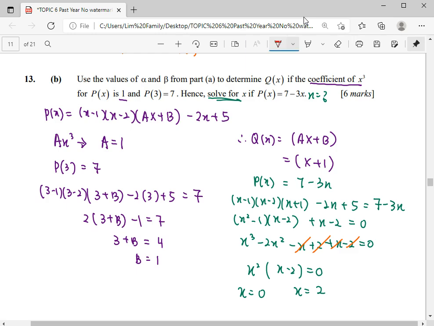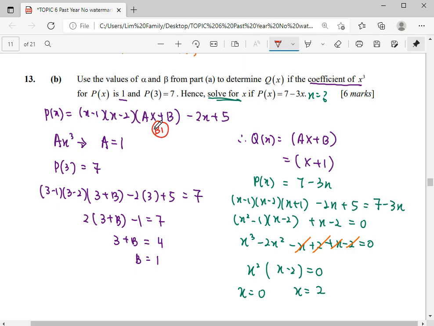Okay, so for the first part, we applied the concept that Qx is linear. This is our basic, because they said this polynomial is a cubic, so automatically the other factor should be linear. So x times x times x, you will get x to the power of 3.